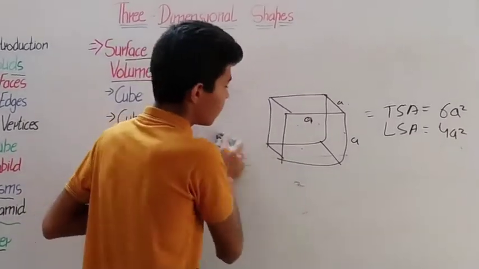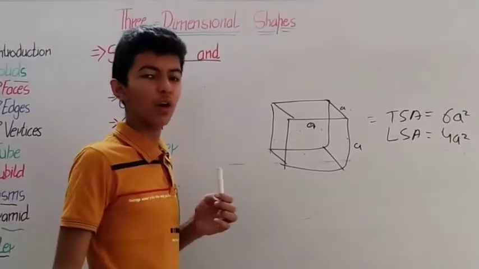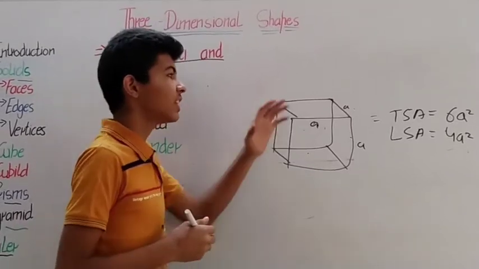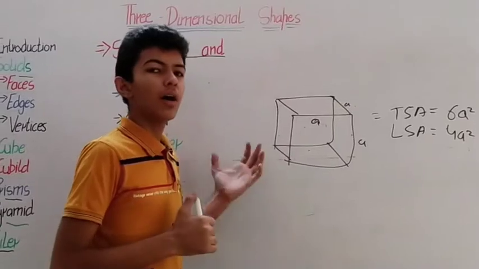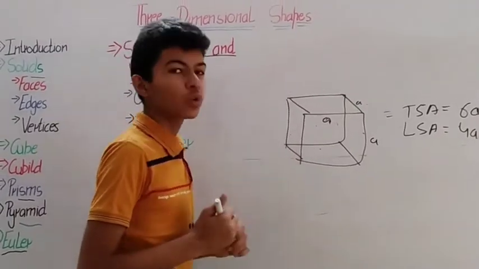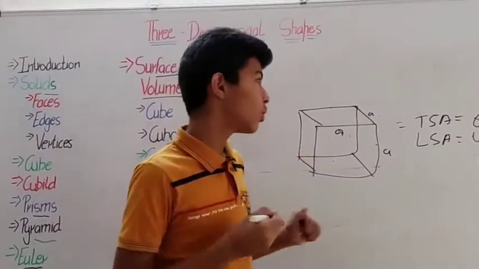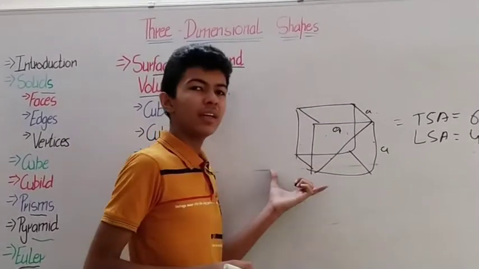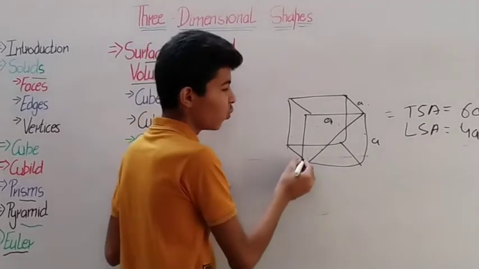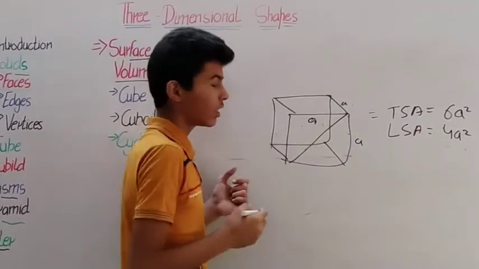Now one more important question asked in competitive examinations is the maximum length of the diagonal of this cube. How could you calculate it? We have only learned to calculate the diagonal of 2D shapes. But the face diagonal would not be the longest.